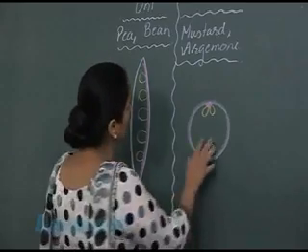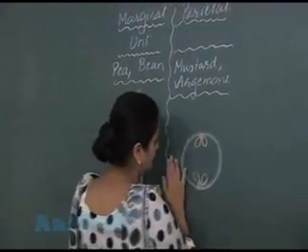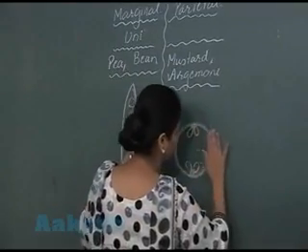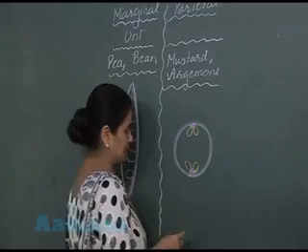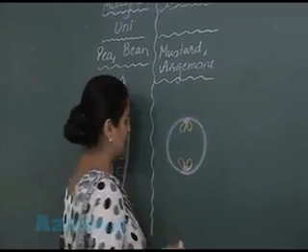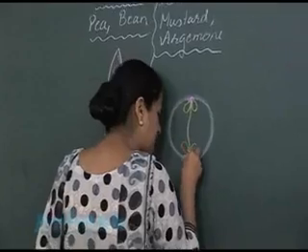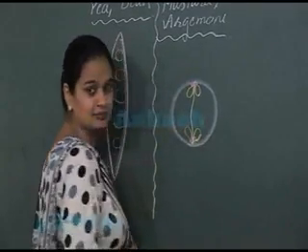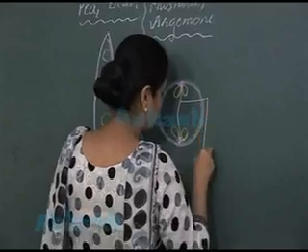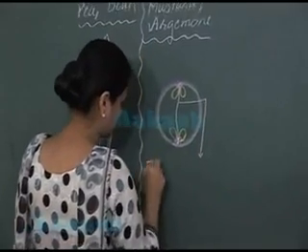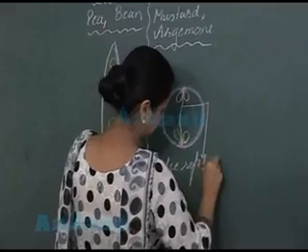Now this condition is present in mustard. You can see that in mustard only one locule is present inside the ovary. There is a unilocular condition, but later a septa forms in the gynoecium. This septa is not present from the beginning; it forms at later stages. So this is known as false septum.